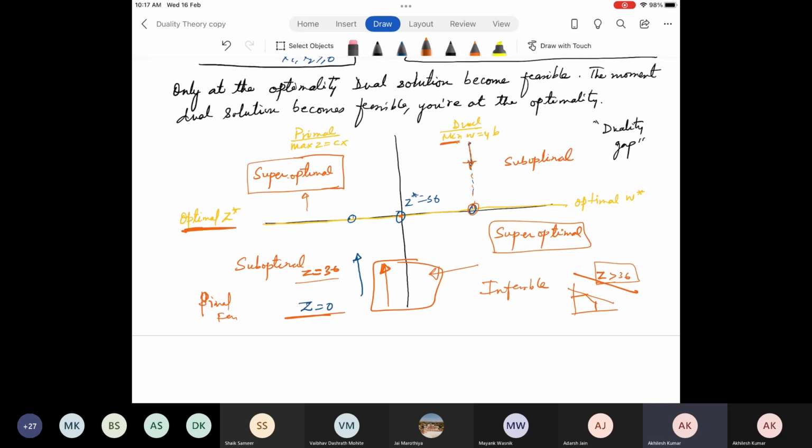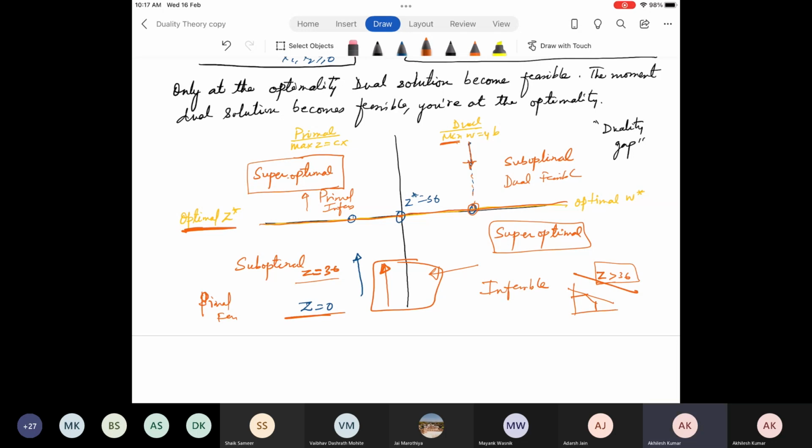When you go to the other side, here, primal becomes infeasible and dual becomes feasible. So there is only one boundary point where primal and dual both will be feasible and hence optimal.